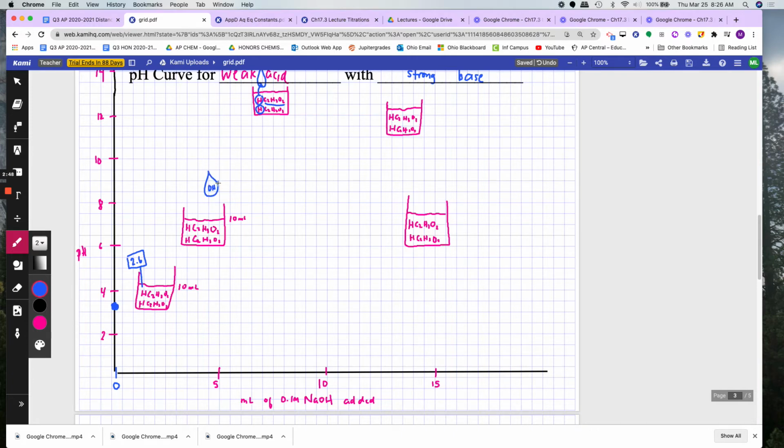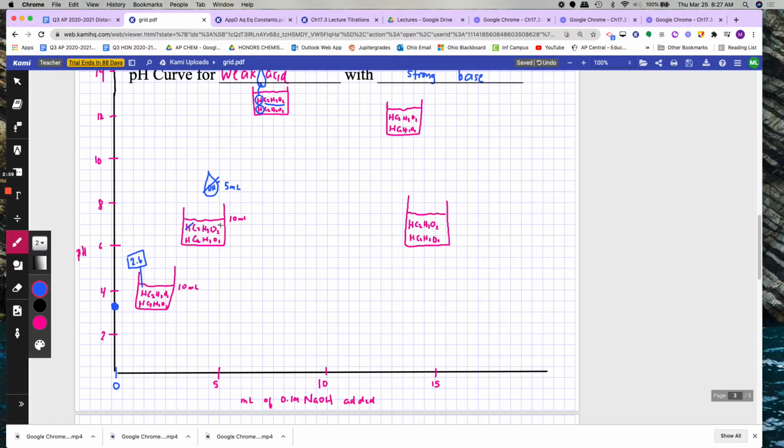Okay, when you've added 5 milliliters of OH minus, one of these will cancel. Okay, so what you have left in the beaker is the conjugate base and this acid. Okay, so to get the pH of this, you have to look at what's in the beaker. In the beaker, you have conjugate base and its conjugate acid.